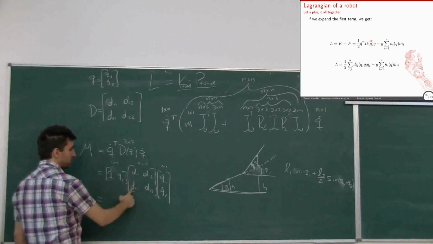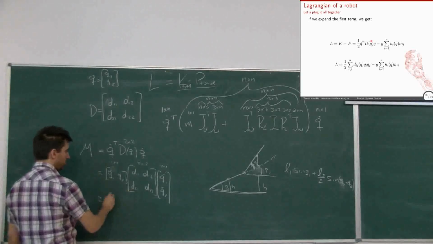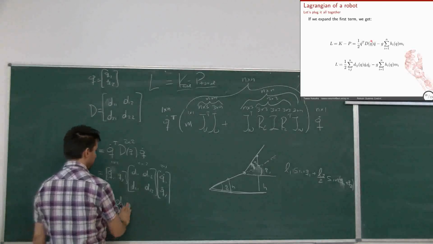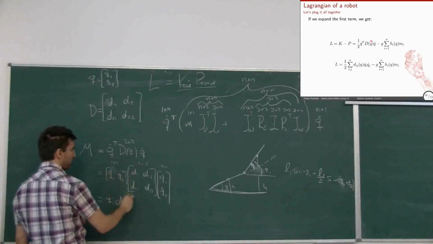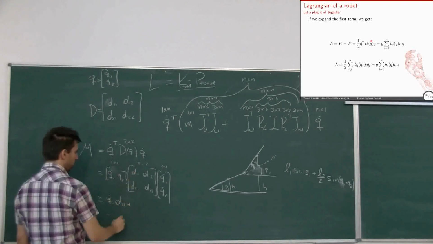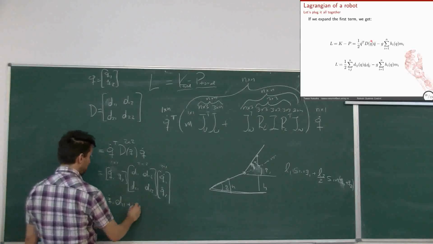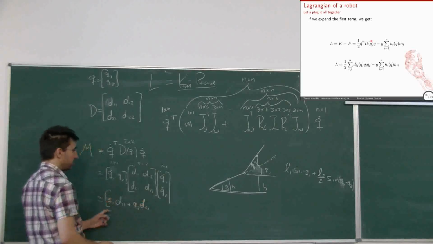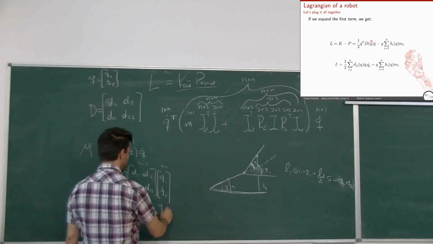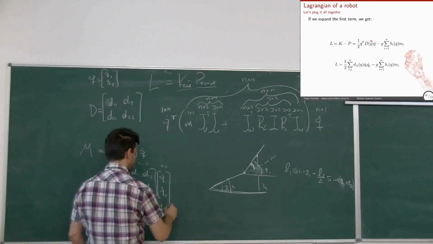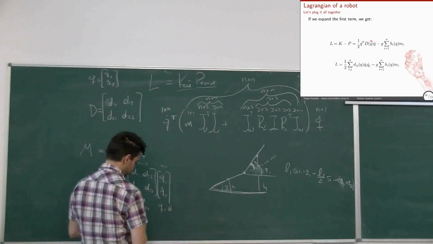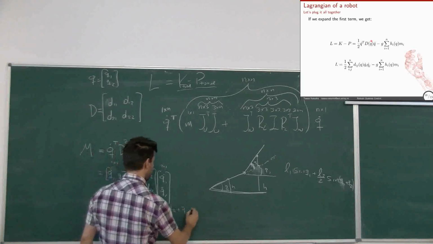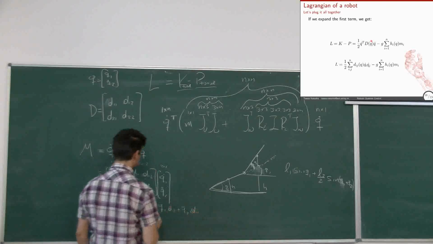It will be this times this, Q1 dot D11 plus Q2 dot D21, this will be the first element, and the second element will be Q1 dot D12 plus Q2 dot times D22.